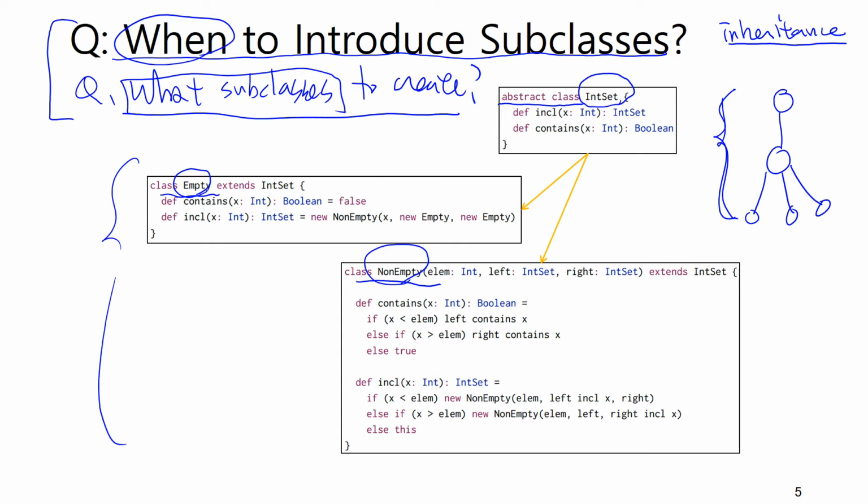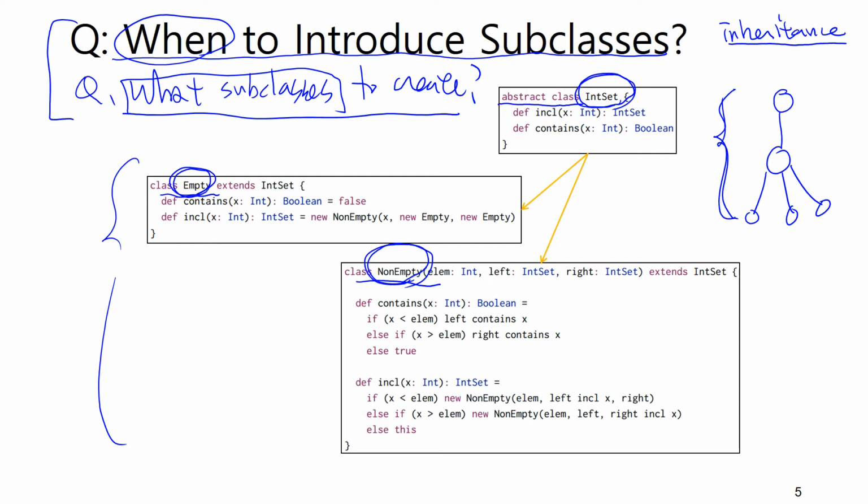You can have your own solution, and for the problem of implementing IntSet, every student will bring his own solution. So what is the guiding principle? What is the rationale behind this decision of choosing Empty and NonEmpty as subclasses of IntSet?